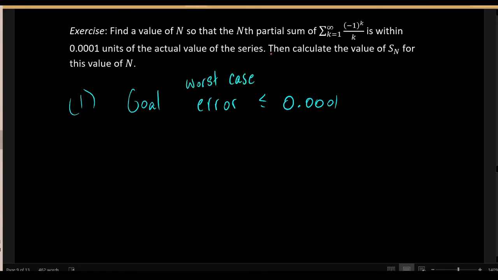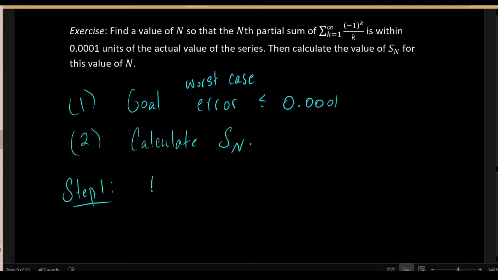If we're really unlucky, if we're in the worst possible scenario, we still need that error to be less than 0.0001. Now, once we have determined the value of n that actually guarantees that, the next thing that we need to do is calculate S sub n.